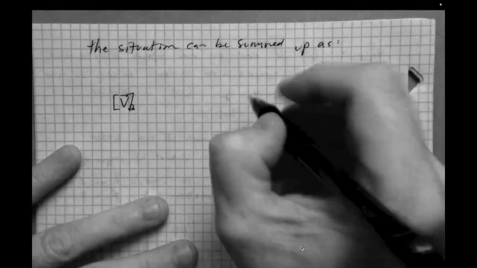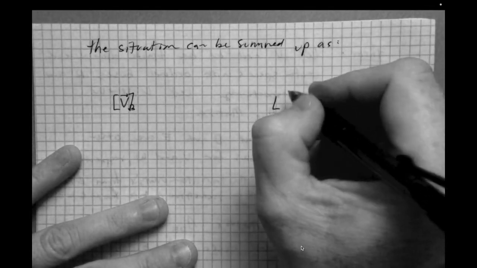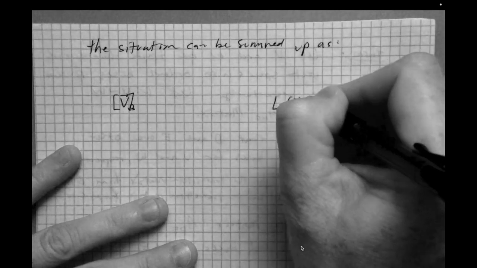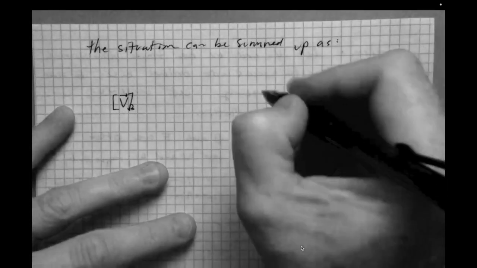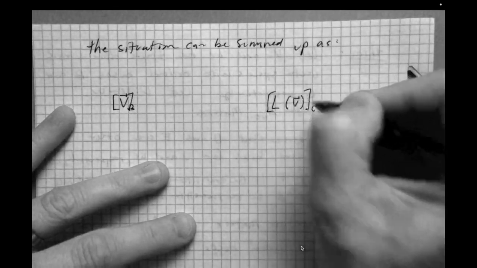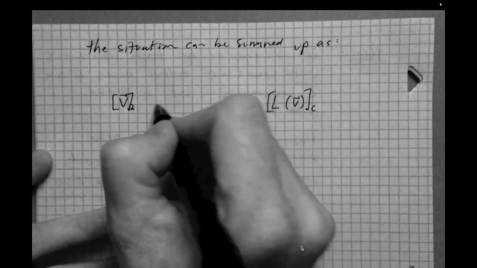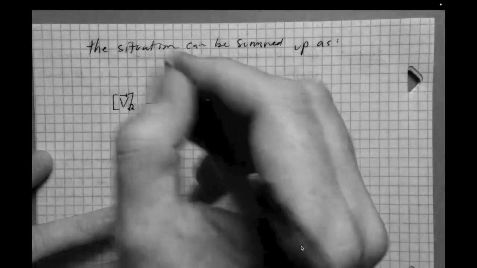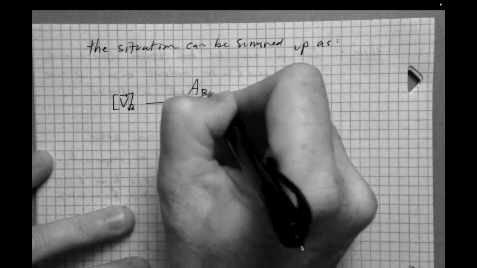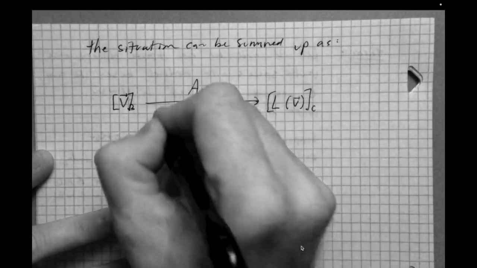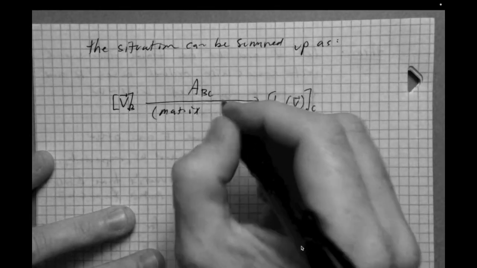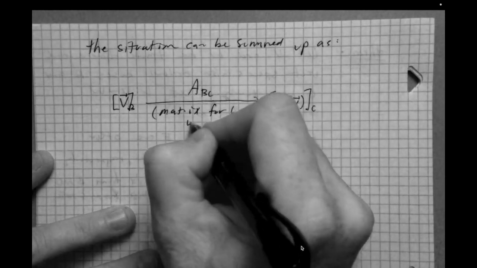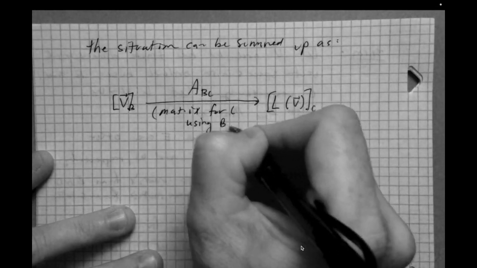What I'm interested in is applying L to V and getting the coordinatization in C. Well, we know the way to do that is through this matrix A sub BC. This is the matrix for L using B and C.